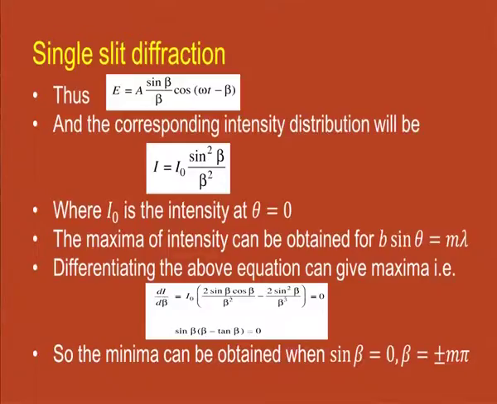And if we simplify, that comes out to be sin β (β − tan β) = 0. So, the minima can be obtained when sin β = 0, and that gives rise to β = ±mπ.